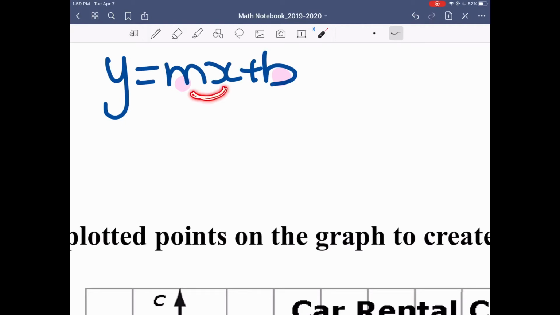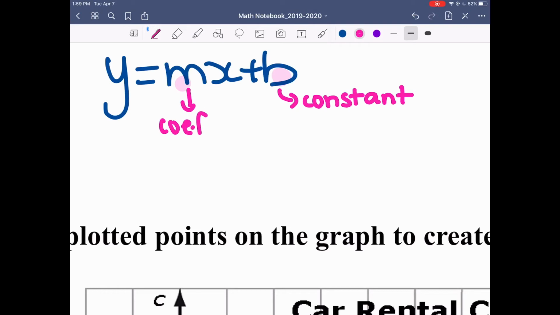So they are related and they're dependent on each other. The thing that's not dependent on anything, we call it a constant, which doesn't have a variable attached, is the b. So b is a constant and m is a coefficient. And x and y are variables.